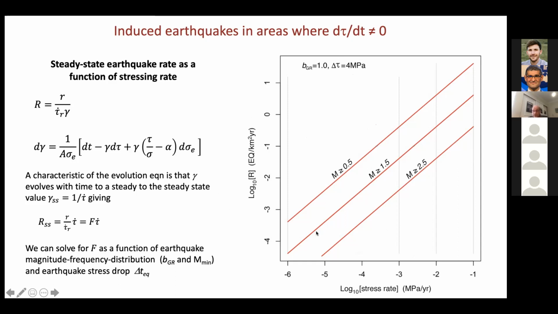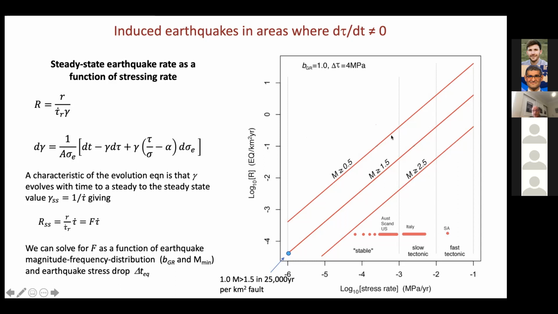Now, to give you an idea, to turn this into reality a little bit, what I plotted here are some different areas. So this is not a data point. SA is roughly the stressing rate that we have along the San Andreas fault system.